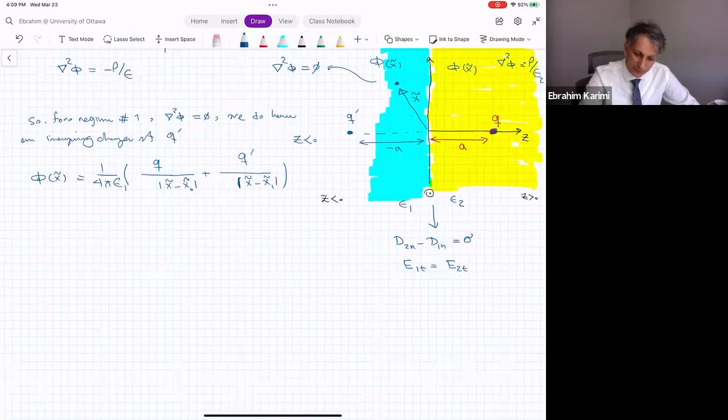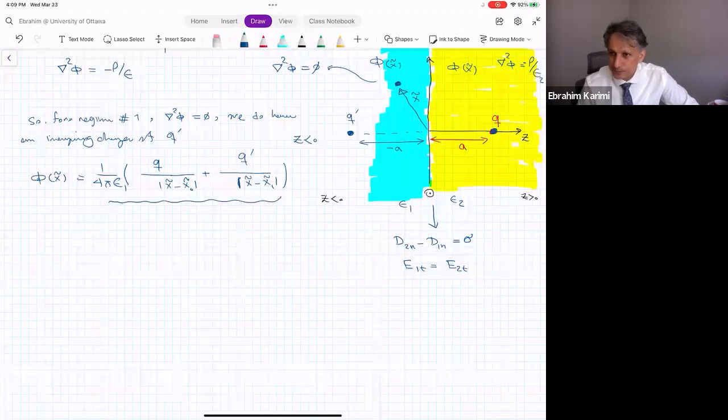One is here, which is q. The other one is here, which is q prime, which we don't know the value. But since we are finding the potential at z smaller than 0, then inside of the material of epsilon 1, I'm expecting to have a potential which is given by this expression. Clear?